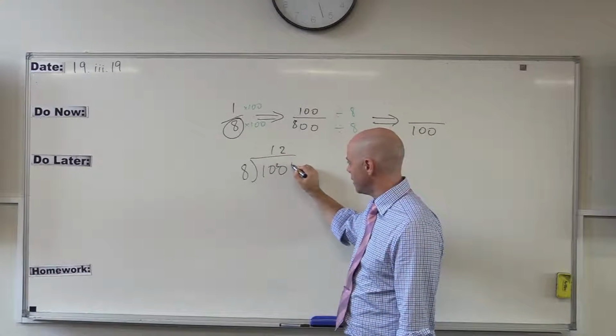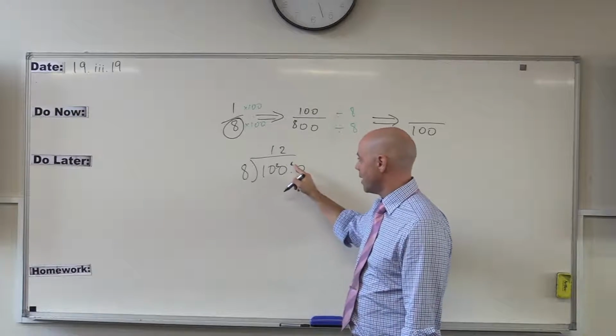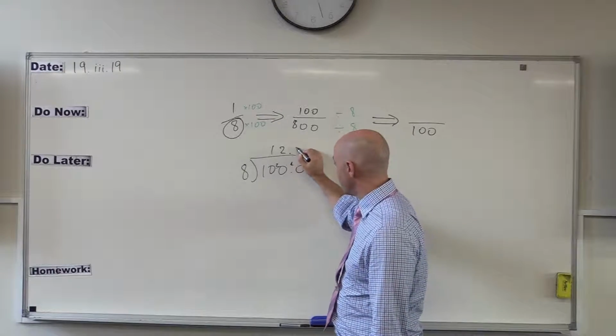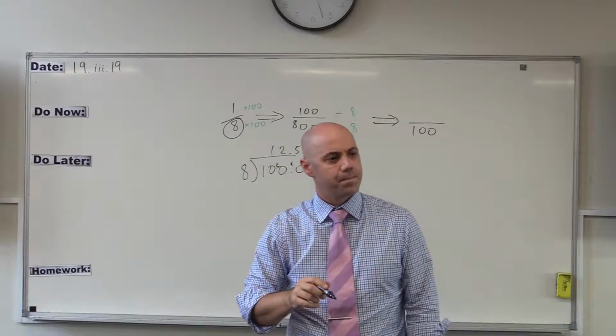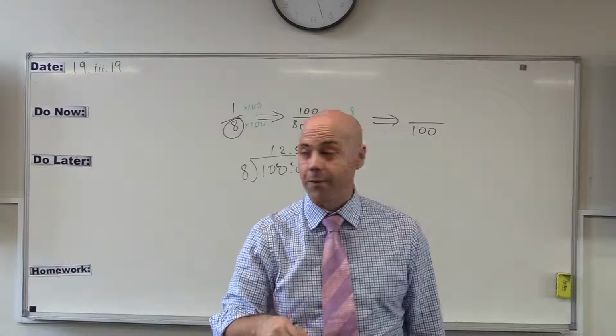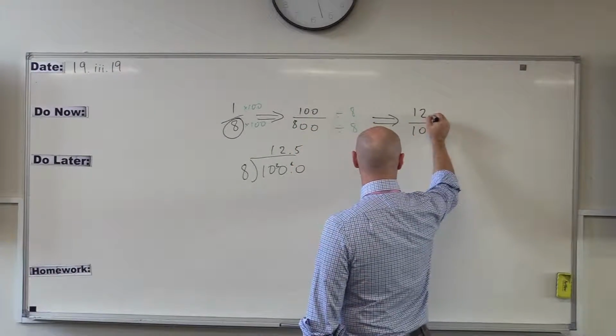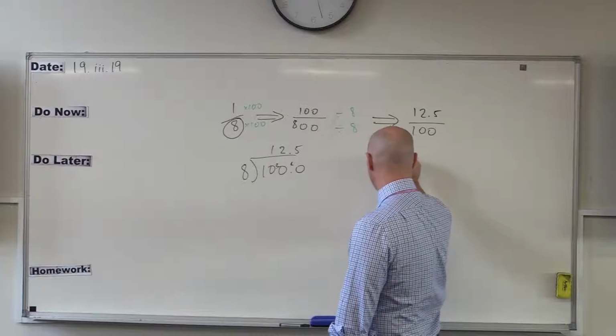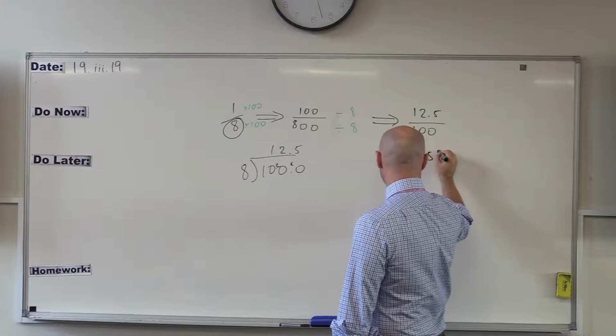So there's 4 left over. So I put a little dot here. How many 8s in 40? 5. Put my dot up there. So my answer, 8 into 100 is 12.5. I'll write that up here. And therefore, what percentage is that? 12.5%. Isn't that fantastic?